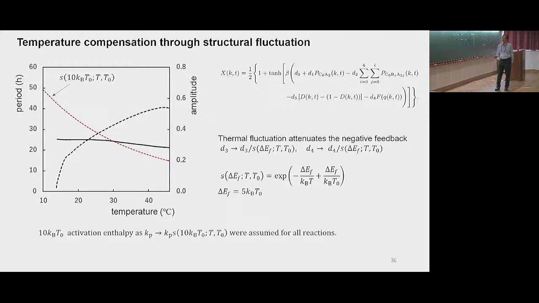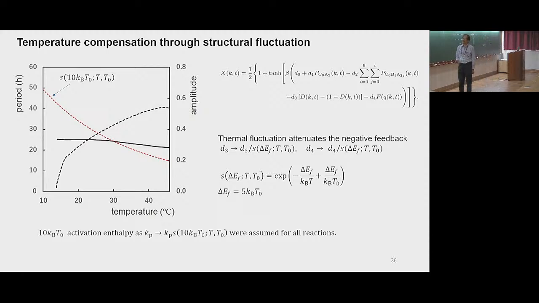So delta EF is some activation energy for inducing the structural fluctuation. So with this rather moderate enhancement of the fluctuation for the structural reaction coupling, it explains the temperature compensation.